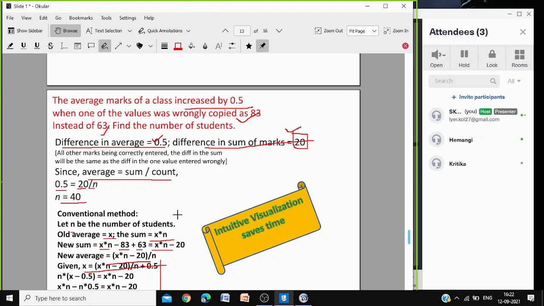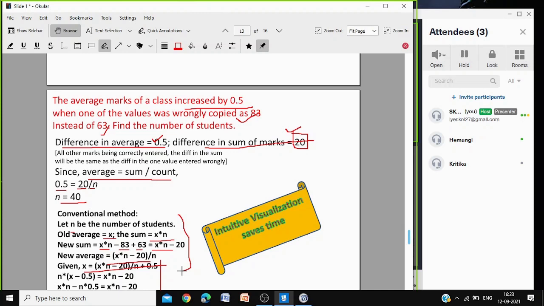I don't actually need to calculate all this. Think that all the other marks are correctly copied. Only one mark, instead of 63, you are copying 83. So the total will exactly increase by 20. All others are correctly copied.